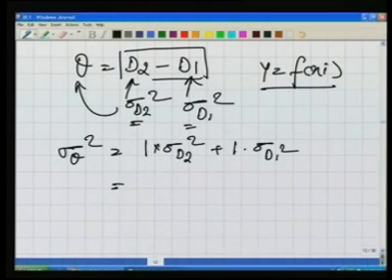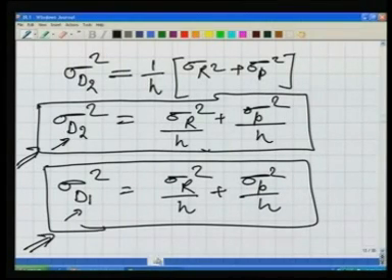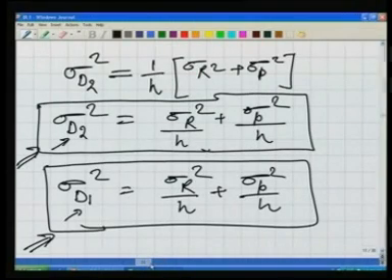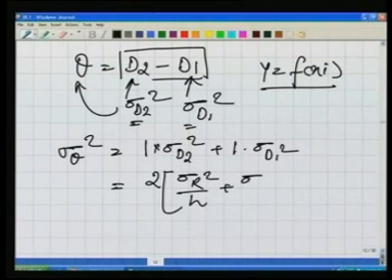Since we know these values of sigma d2 square and sigma d1 square, we can write it further as 2 times sigma r square by n plus sigma p square by n.